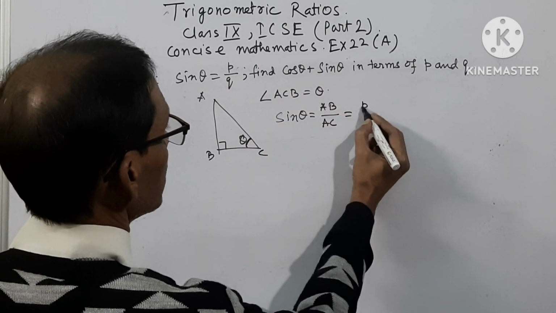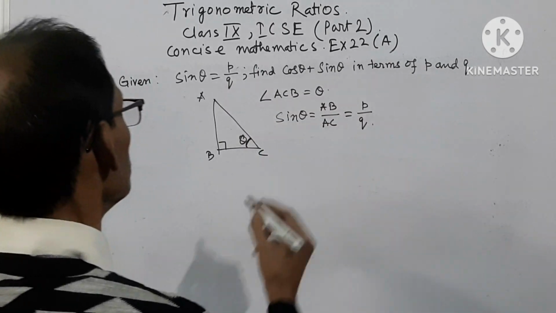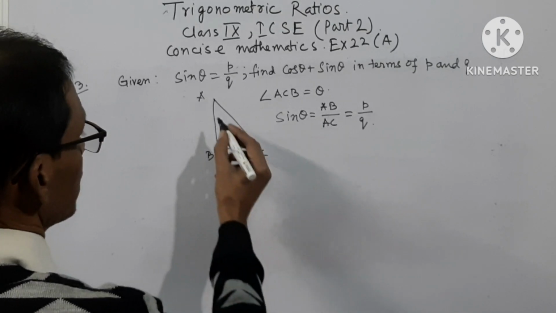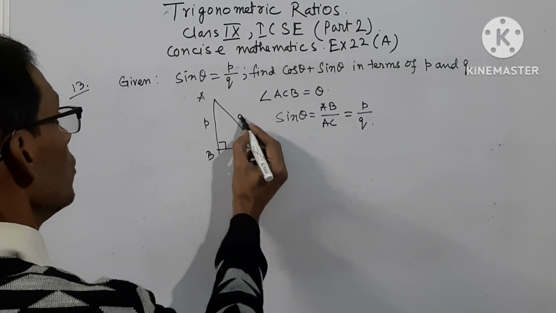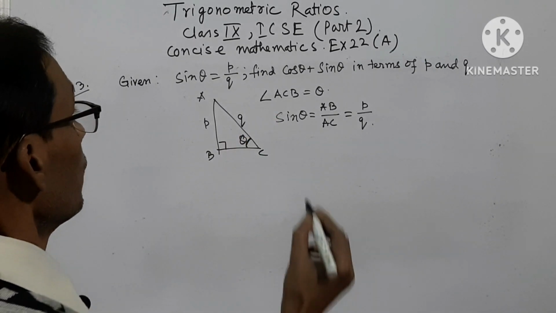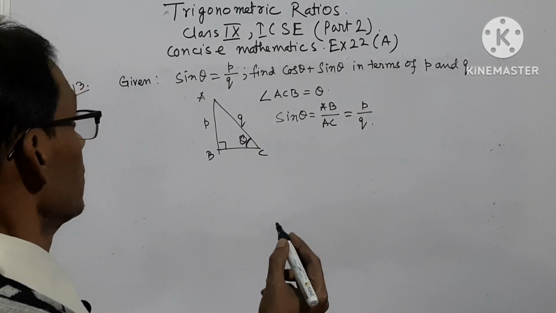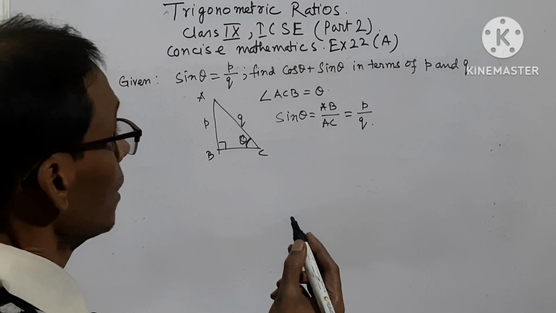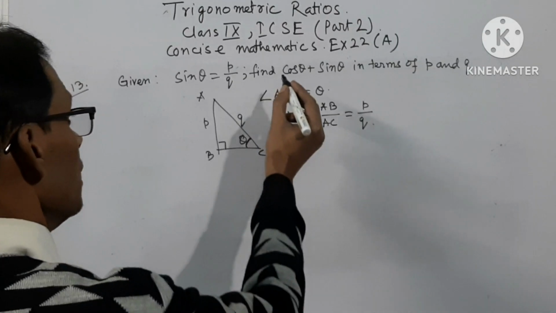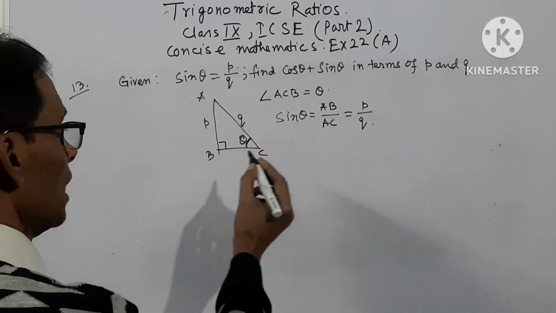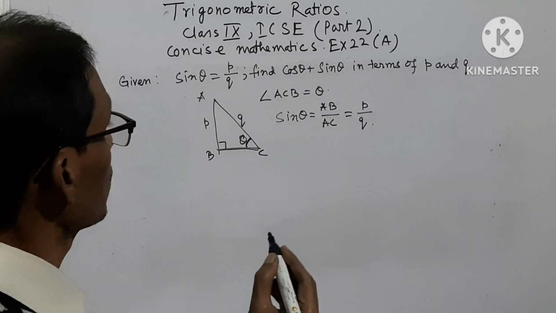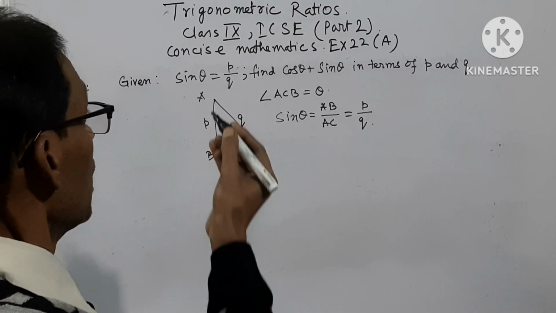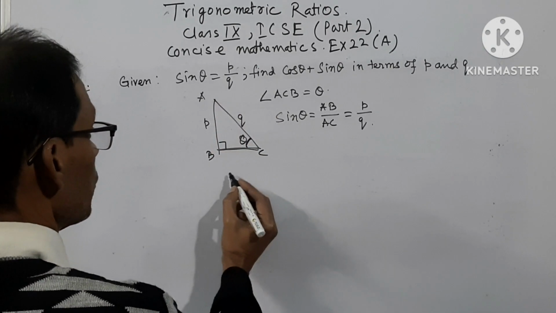So P by Q. So AB is P and AC is Q. Find cos theta plus sin theta in terms of P and Q. Fine. For cos theta we must find out BC because cos is base upon hypotenuse. So BC we have to find out.